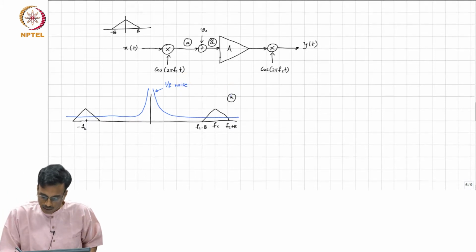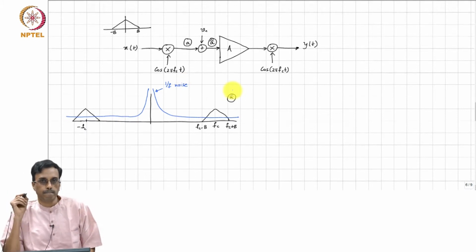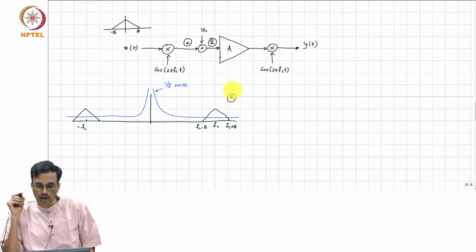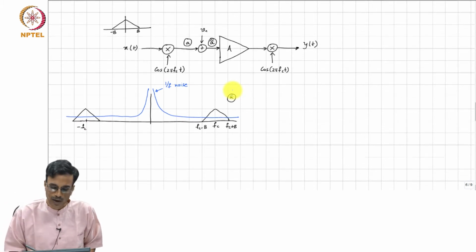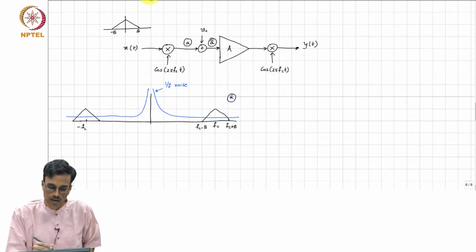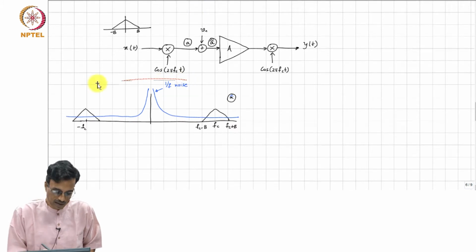So, this is the spectrum at A hat. Now, what does the amplifier do? Well, the amplifier will amplify everything that it sees.